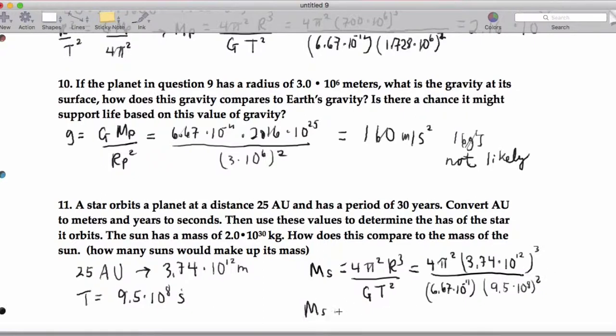So the mass of this star, let's go ahead and get it now. Our mass of this star ends up being 3.4 times 10 to the 31st.